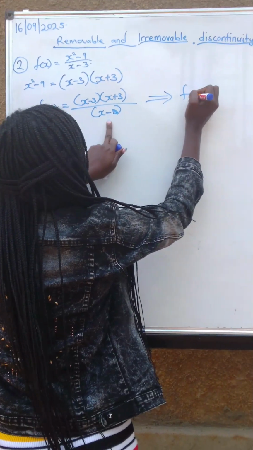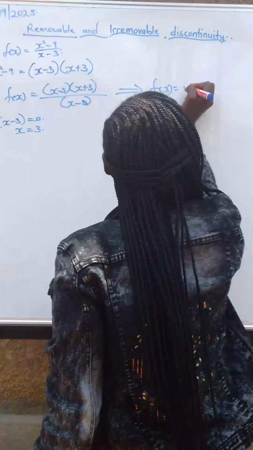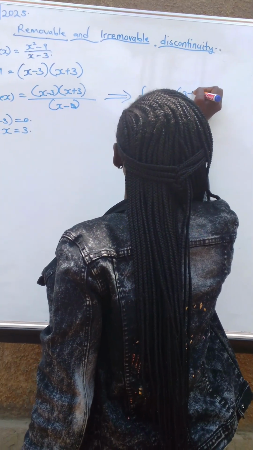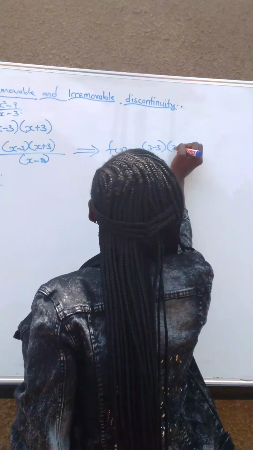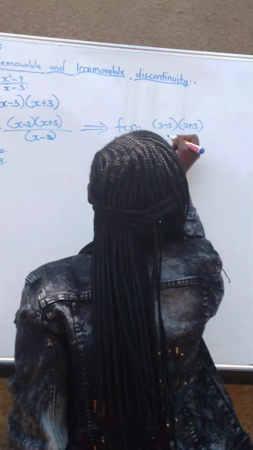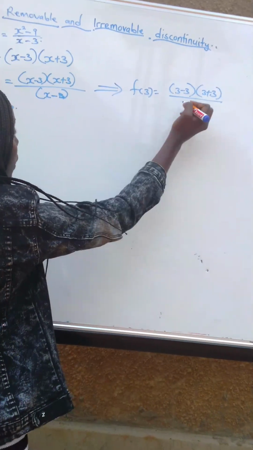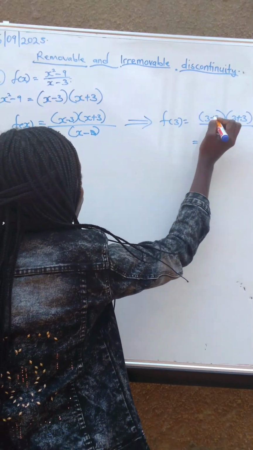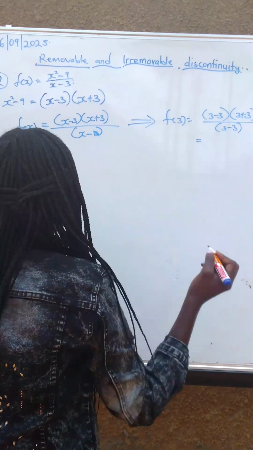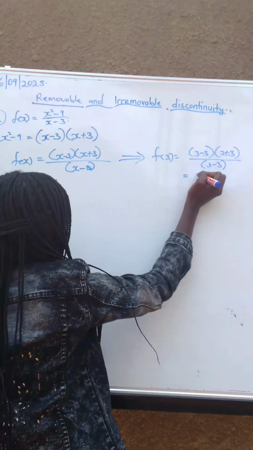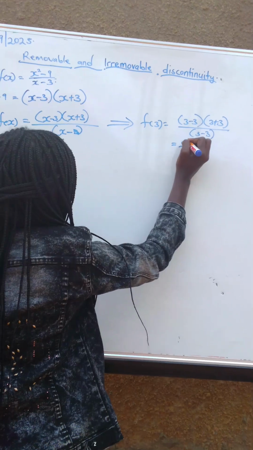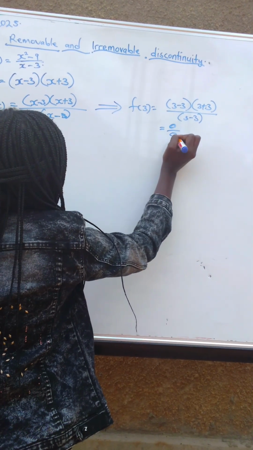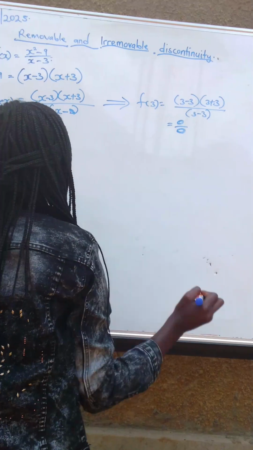For f of 3, we find 3 minus 3 times 3 plus 3 divided by 3 minus 3. This gives you 0 times 6, which is 0 over 0, and this is undefined since our denominator is 0.